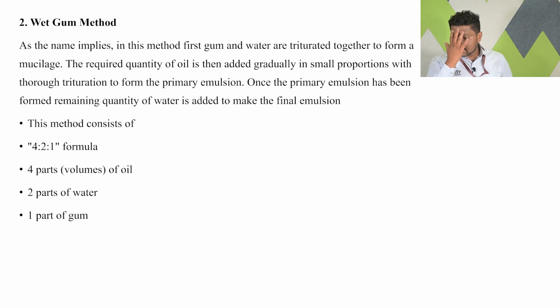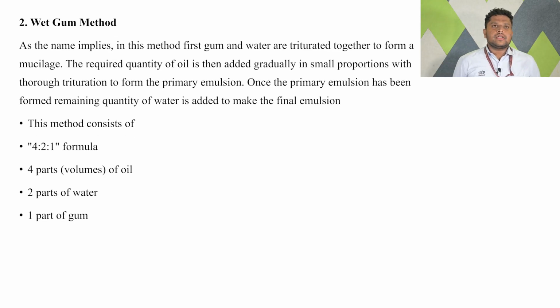Second is the wet gum method. In the wet gum method, as the name implies, first gum and water are triturated together to form a mucilage. The required quantity of oil is then added gradually.